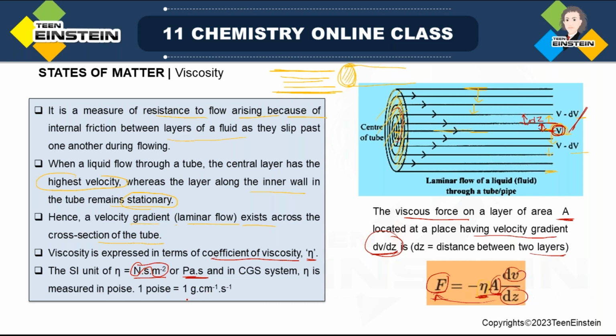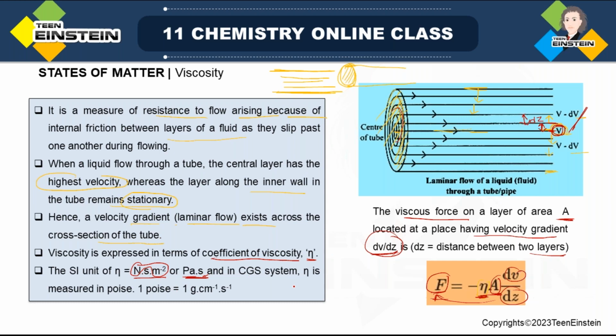How much force you are applying per unit area, because meter square is area. Meter to the power minus 2 means per area how much force there is, and it is also multiplied by second. If you simply consider N into m minus 2, that is Pascal. So any of these units we can use.